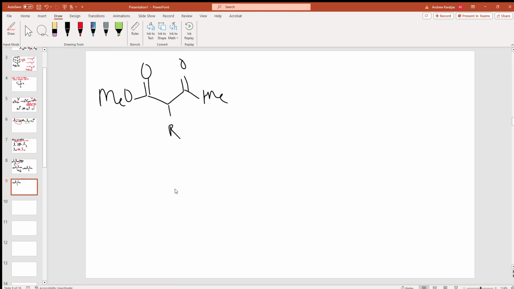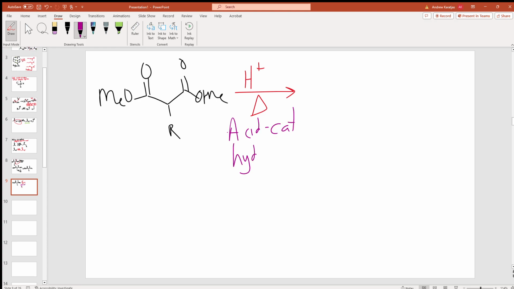But let's take this. And we lost our oxygen, so let's draw that in. What would happen to this if we added acid and heat? Well, that's a reaction we've seen before. We've seen it numerous times. These are the conditions for an acid catalyzed hydrolysis.